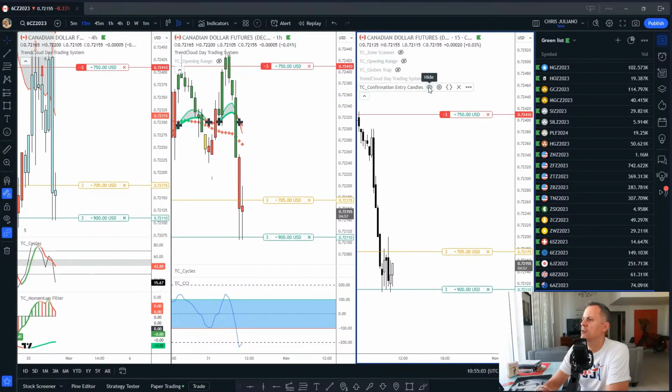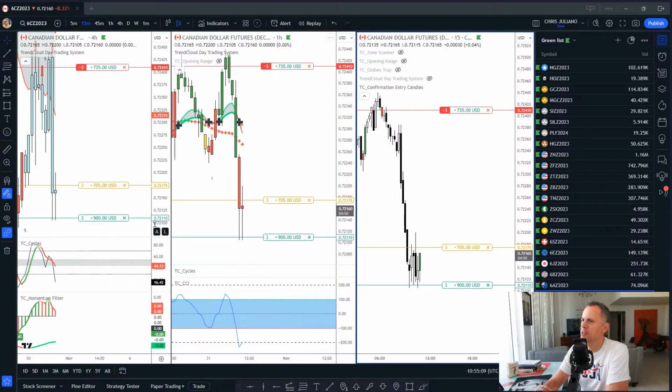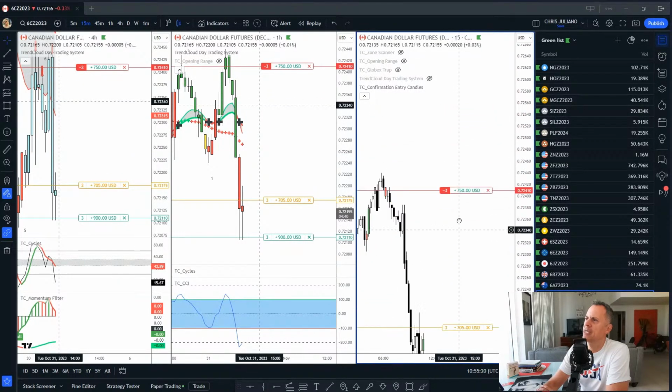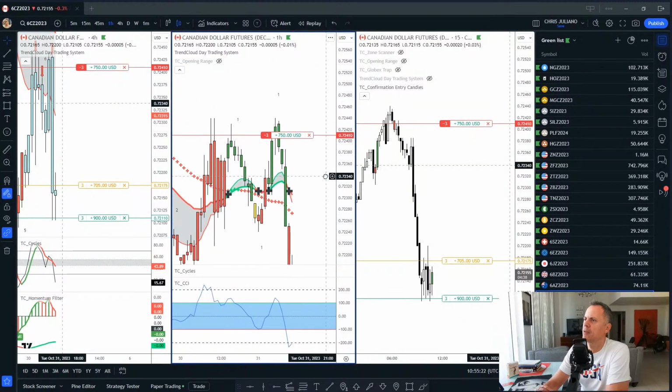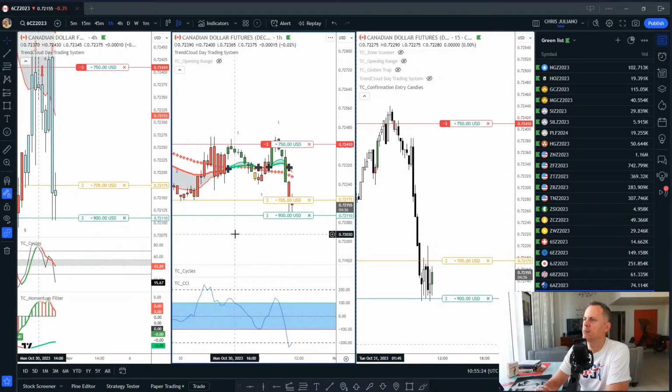Let's put our confirmation entry candles. Yeah, look, we're forming a green confirmation entry candle on here. We just came into that high time frame. We got that green confirmation entry candle. This is probably wanting to start to make the move back up into that extreme level, right?